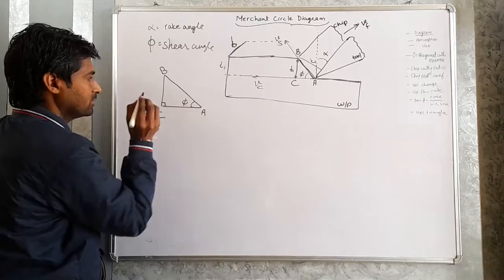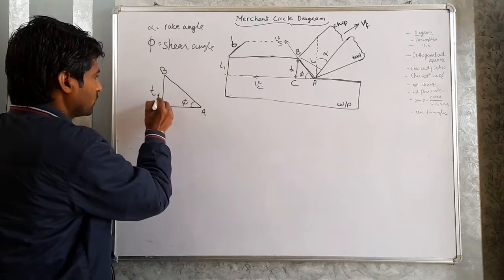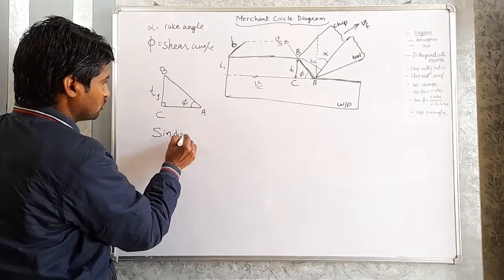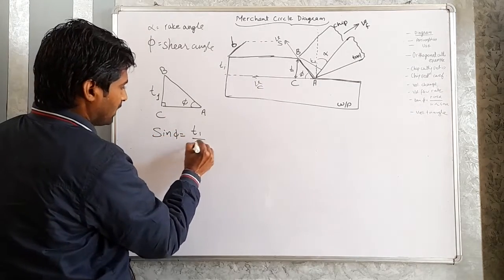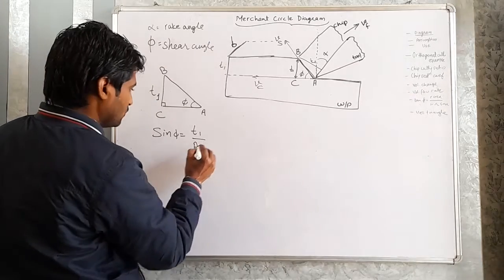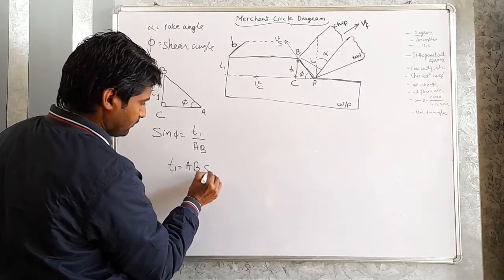This is a right angle. So this is T1. Okay. So what is sin phi? Sin phi is equal to T1 by AB. And the value of T1 equals AB sin phi.